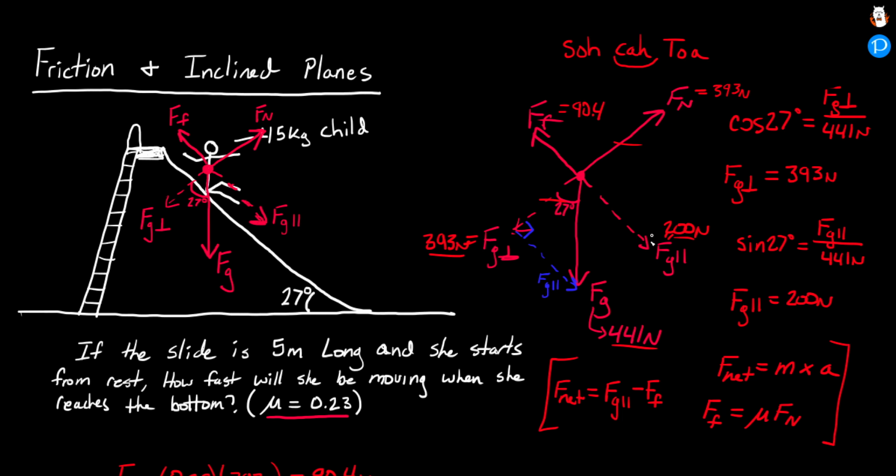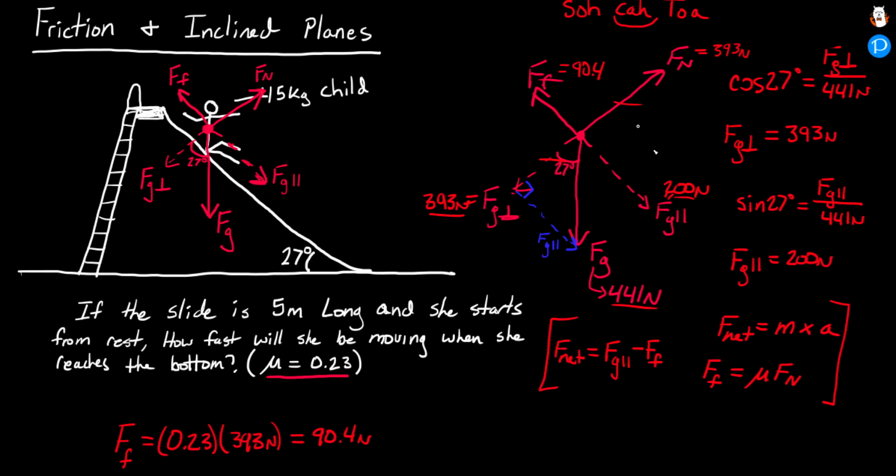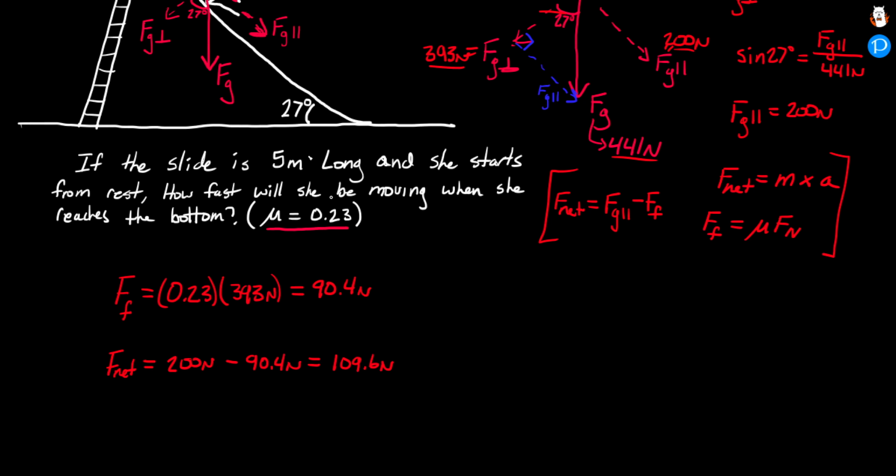And now, since I know my force of gravity parallel and I know my force of friction, I can use those to figure out the net force, right? So the net force, or the unbalanced force that pulls the kid down the slide, is just going to be the FG parallel, which is 200 newtons, minus that force of friction, 90.4 newtons. So that means the net force pulling the kid down the slide is 109.6 newtons. So the difference between these two, here and here, I'm left over with 109.6, pulling them down.